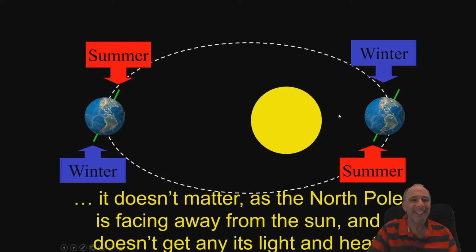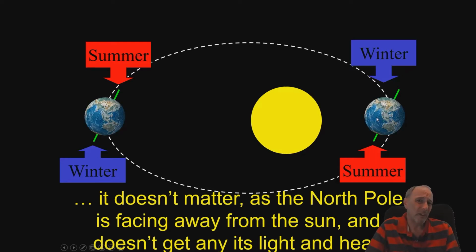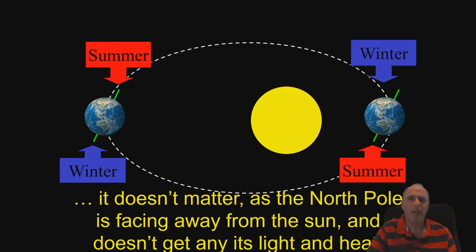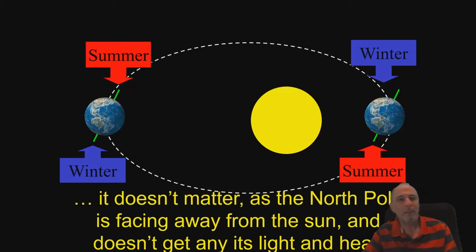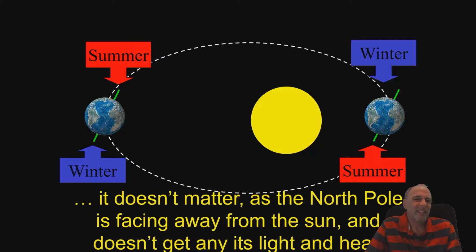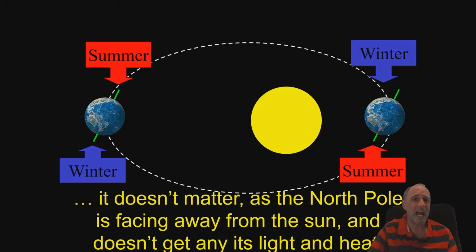We are a little bit closer by a few hundred thousand miles or so. Not much. The distance that we wobble in our orbit isn't enough to really make the planet hotter or colder. What matters is the direction of our poles and what pole is facing the sun.